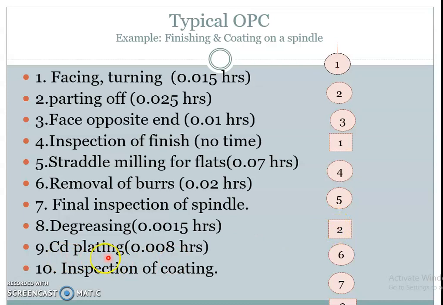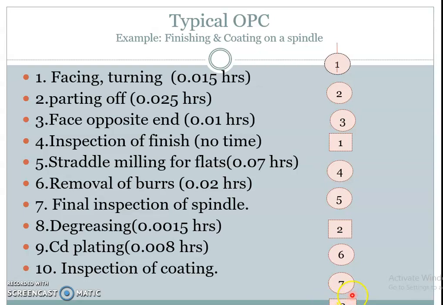Then cadmium plating is there. For plating, this is an operation, the operation number 6 in the sequence. Then the inspection of coating. This is the operation number 7. And at last we have to inspect the total spindle.